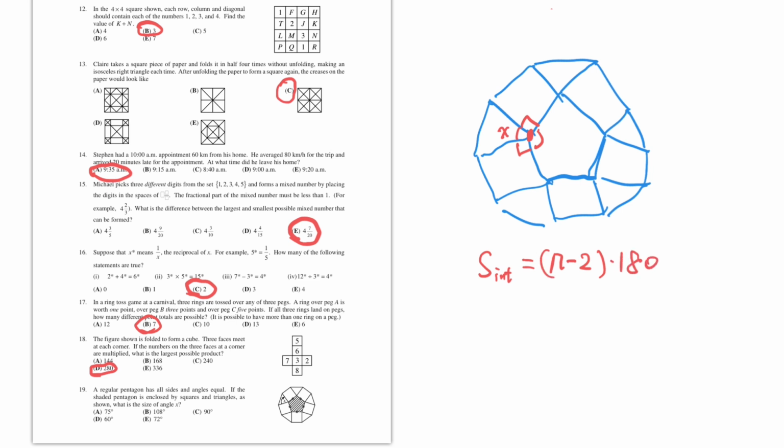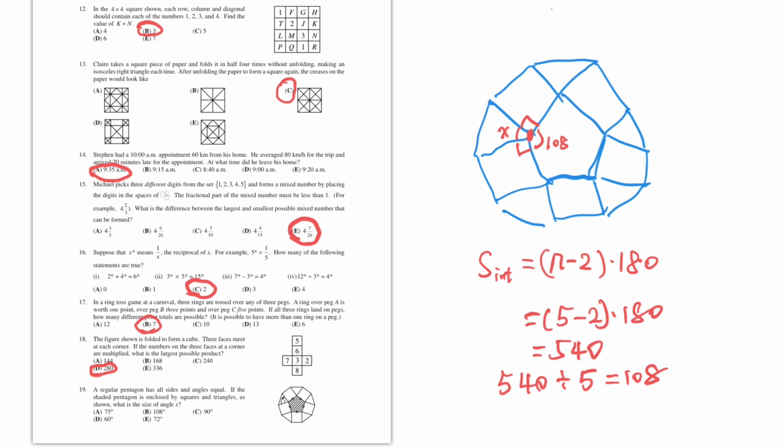For this problem, the 5 sides, that's 5 minus 2 times 180, gives us 3 times 180, that's the 540. That's the sum of the interior angles. So for one angle, we use 540 divided by 5. That's the 108. That's one interior angle, 108.